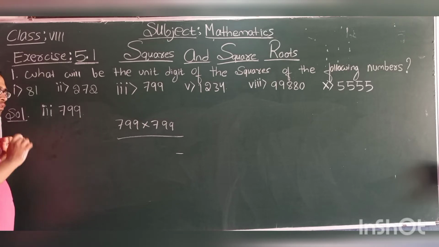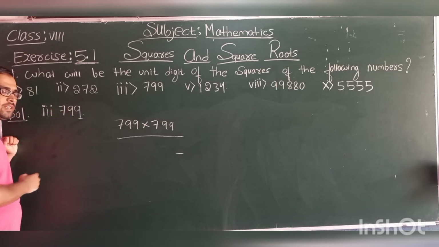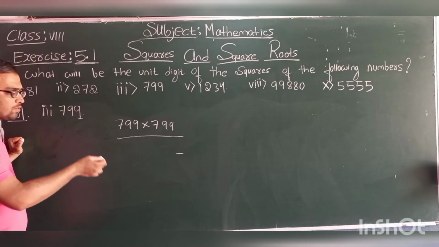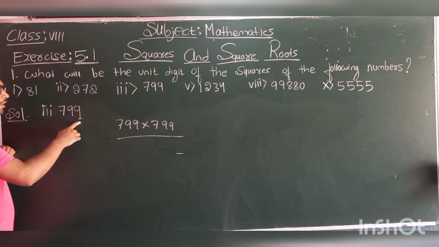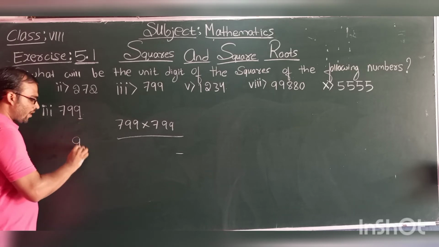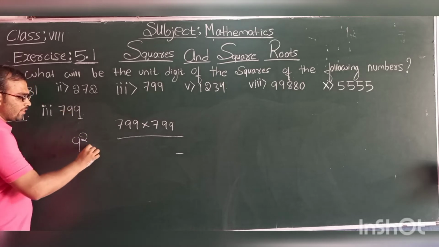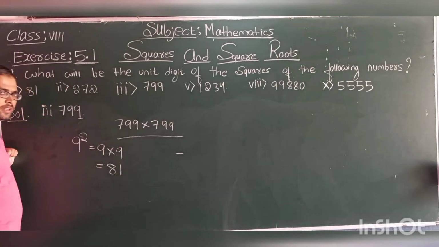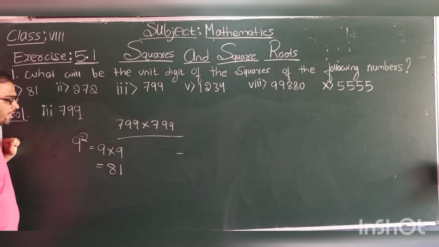As I told you, only by looking at the last digit of the number, we can easily find the digit at the unit place of the square of this number. Here, the last digit of the number is 9. What is 9 square? 9 nines are 81.